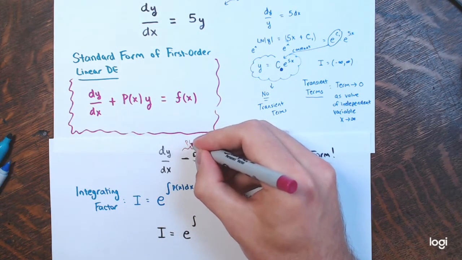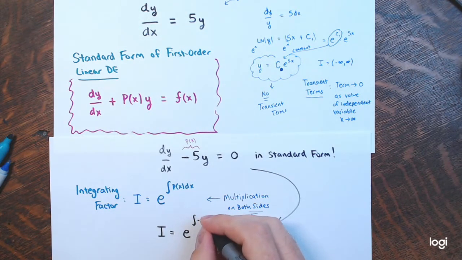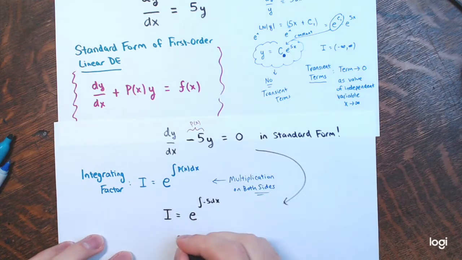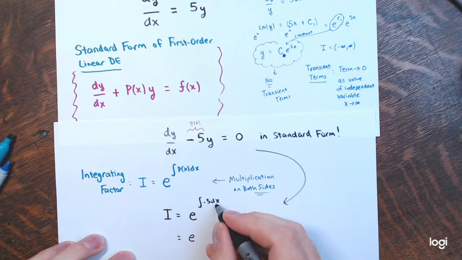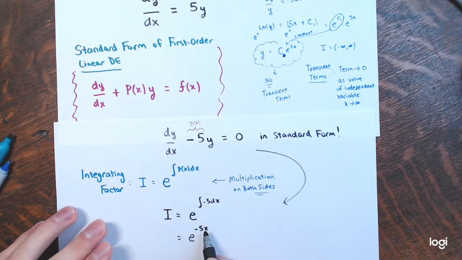That's the p of x in standard form here. So I'd have e to the integral of -5 with respect to the independent variable x. So this is e, and then the integral of -5 with respect to x would be -5x. And don't worry about plus constant. We'll just use the basic antiderivative here.